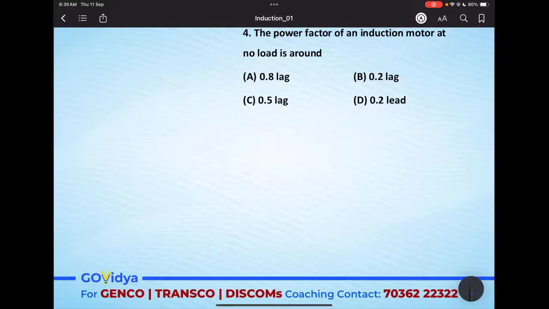The next question is about the power factor of induction motor at no load condition. First of all, we need to understand how the power is transferring in induction motor. Let's see, this is a stator. To the stator we are giving 3-phase supply. This is the rotor.